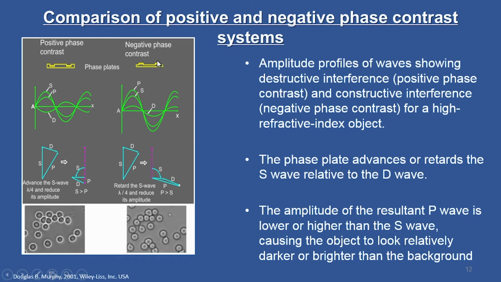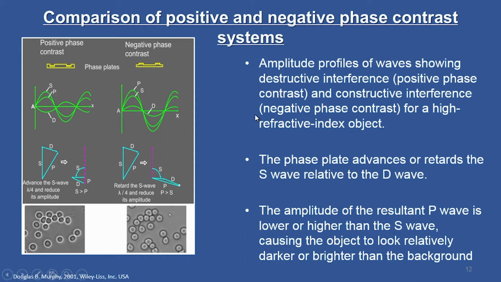They do exactly the opposite actions in order to produce different contrast effects, as you can see in the images. Let us first go through the remarks. Amplitude profiles of waves show destructive interference, that is positive phase contrast, and constructive interference is negative phase contrast for a high refractive index object.